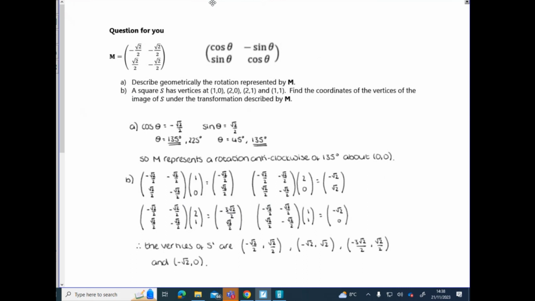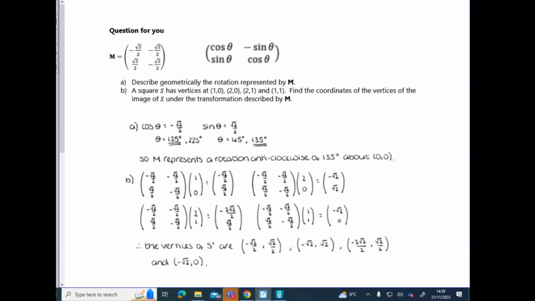You're looking for the ones that have the diagonals that have the same sign and the diagonals that have different signs. It's not about having exactly the same signs. So the leading diagonal here, they're both minus, so they have the same sign. The leading diagonal in this one, they have the same sign. And the other one has opposite signs, so that's the one that matters. Set cos theta equal to minus root 2 over 2.